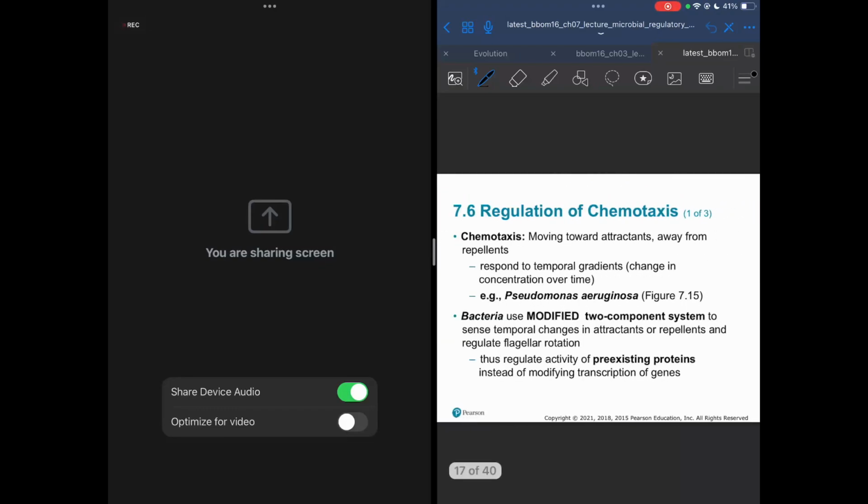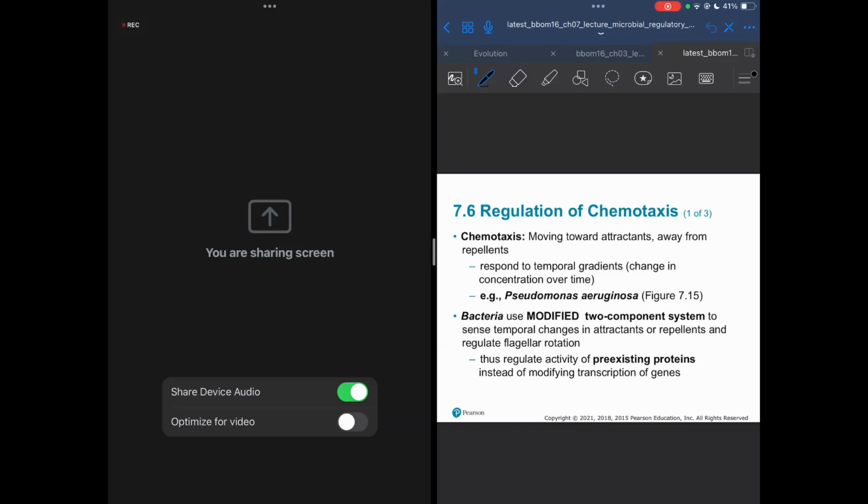And for 7.6, regulation of chemotaxis. Chemotaxis is movement towards attractants and away from repellents, a response to temporal gradients. An example of this would be Pseudomonas aeruginosa.